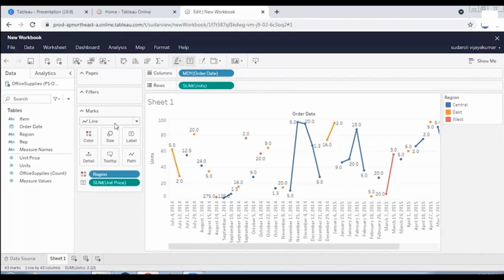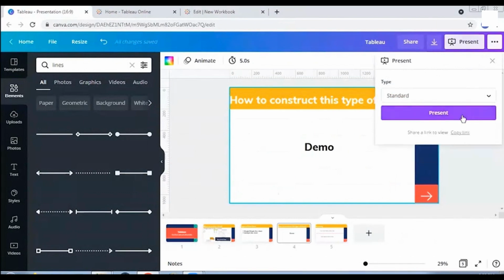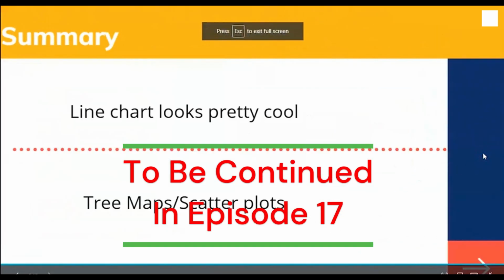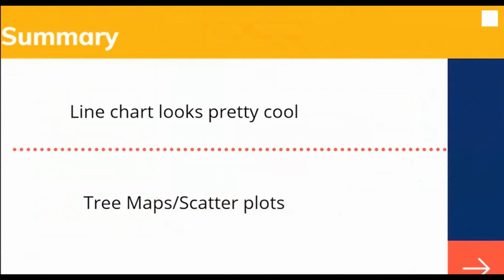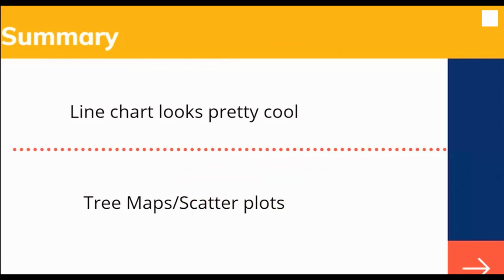Okay, so that's all I have for this session on line chart. Just to summarize, we understood that a line chart is really a cool chart whenever we have to deal with time series data. All of you must remember that for time series, the preferable choice is a line chart.